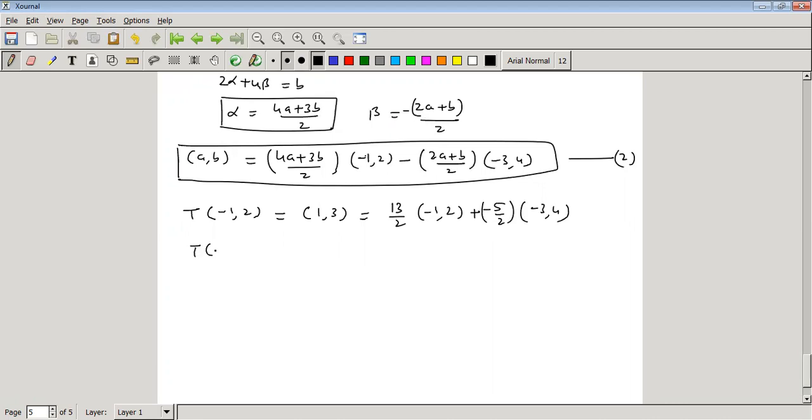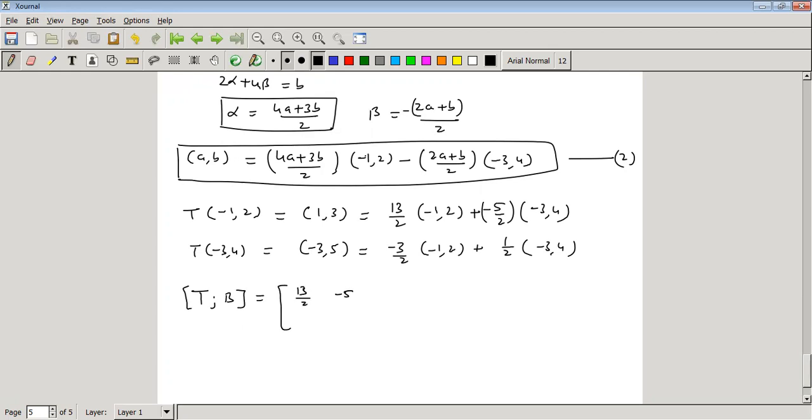Similarly, T of (minus 3, 4) has the output (minus 3, 5), and by using 2 we can write this as minus 3 by 2 into (minus 1, 2) plus 1 by 2 into (minus 3, 4). And the matrix associated with basis B is the transpose of [13 by 2, minus 5 by 2; minus 3 by 2, 1 by 2].